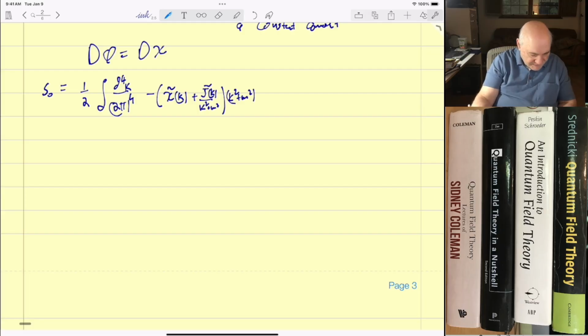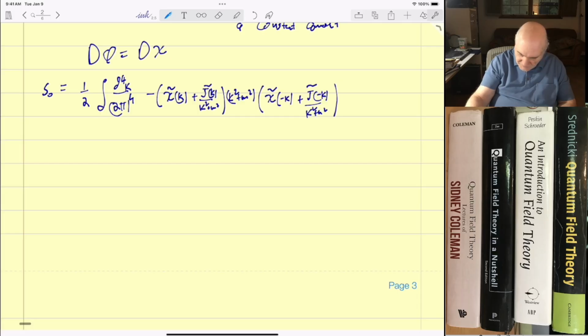The reason why I'm writing this out is if you try and do it in your head looking at Srednicki's equation, you'll eventually get it, but you'll make a few mistakes along the way, at least I did. So it really does help to just write it out. Then your mind will be able to process it much easier. And you have plus j tilde k.